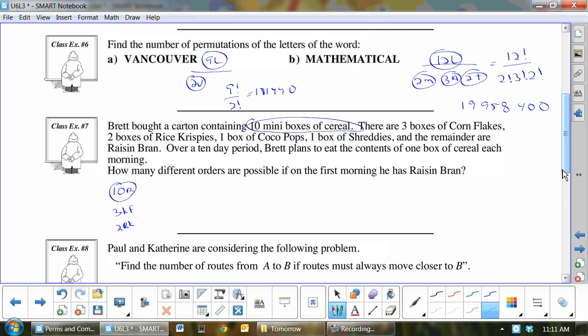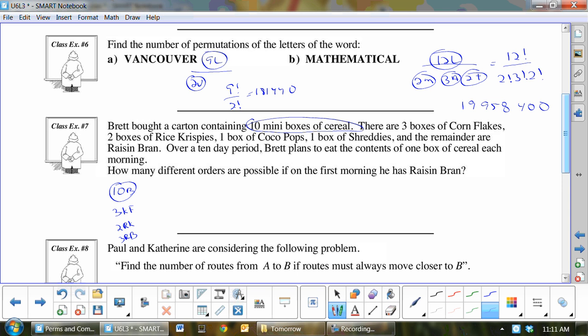Anything else? Okay, so the other ones, how many Raisin Brans? How is there 3 Raisin Brans? Okay, so 3 Raisin Bran.